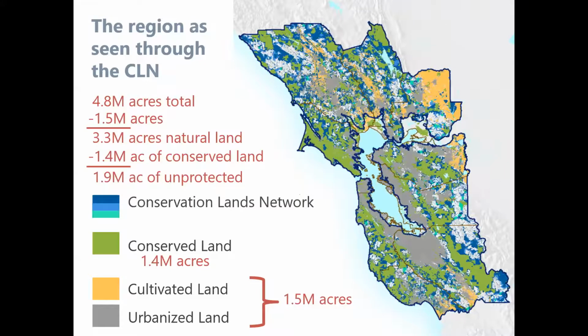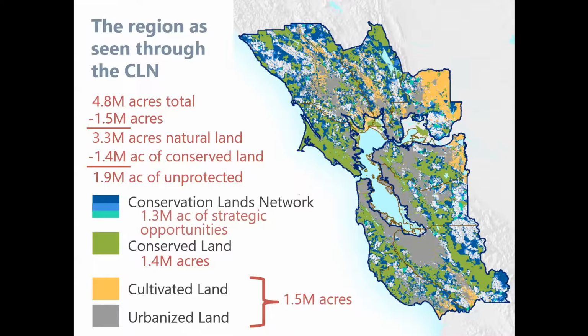The Conservation Lands Network is, again, a regional network that covers the habitats in appropriate amounts and as efficiently configured as possible.